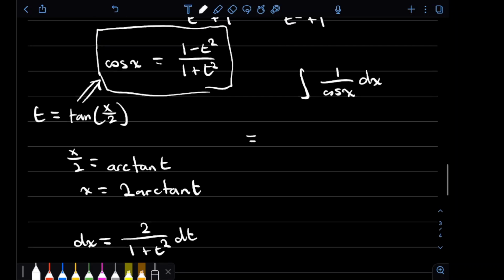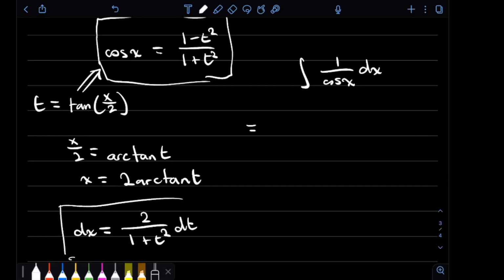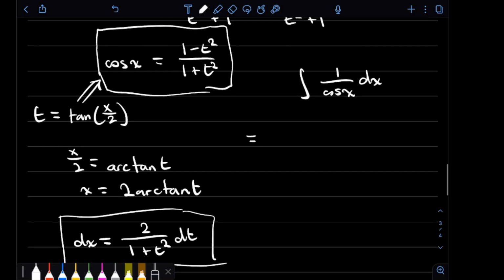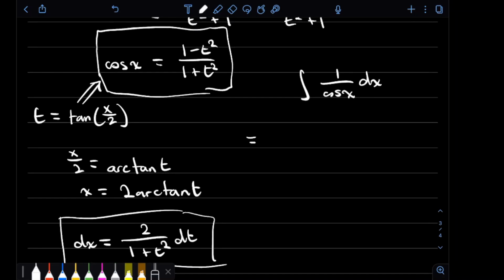From there, we can just plug in everything we've just found. It's really only these two simple little things. So let's do it. The integral of 1 over, and I'll write a big fraction here, 1 minus t squared over 1 plus t squared.